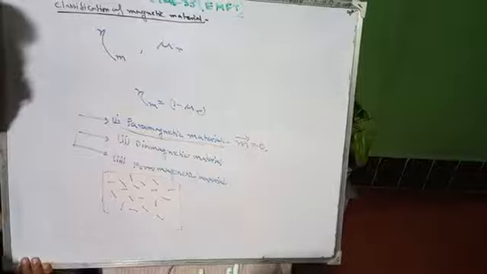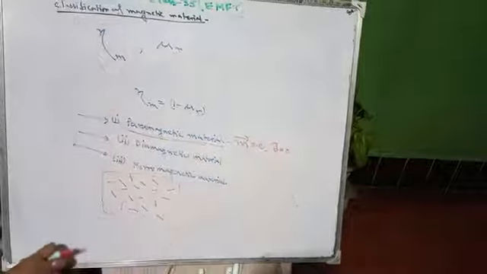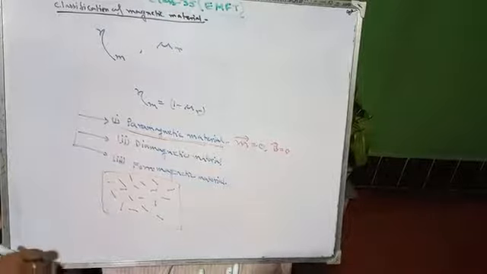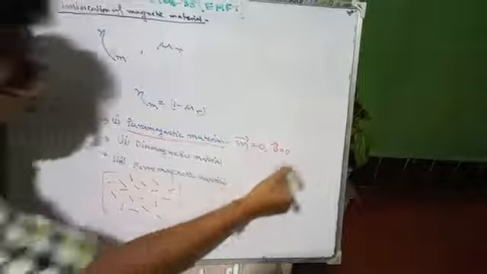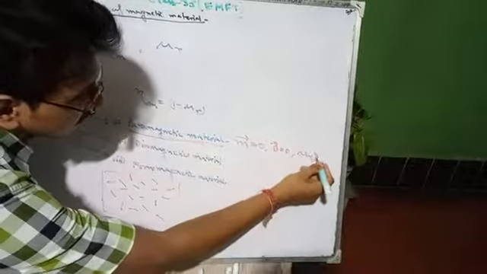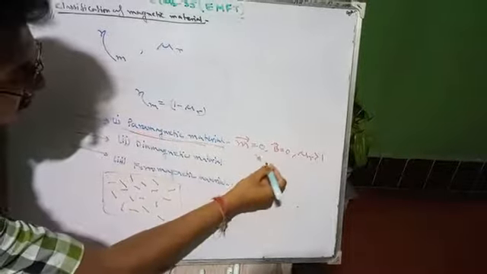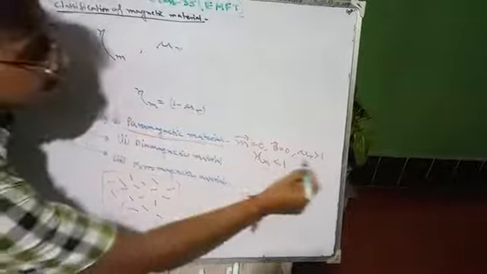Next, for the paramagnetic material, mu r will be greater than 1. As mu r is greater than 1, the value of psi m will be greater than 0.